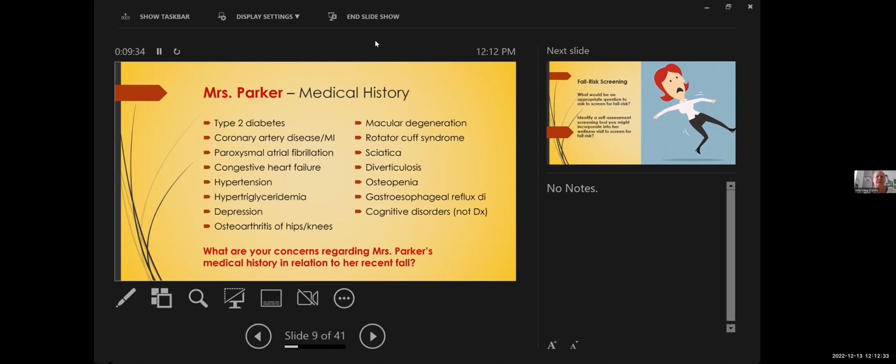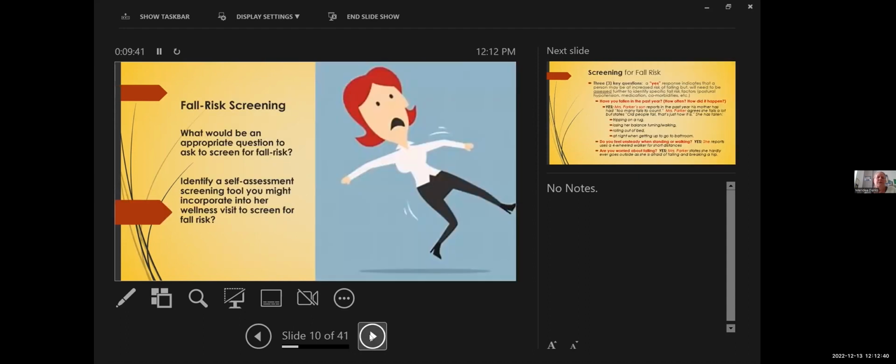So all very good. If we go on, we might want to do a fall risk screening on this follow-up visit that we had with Mrs. Parker. And so what would be appropriate questions to ask to screen for fall risk? Some of you have already mentioned the number of falls she has had.